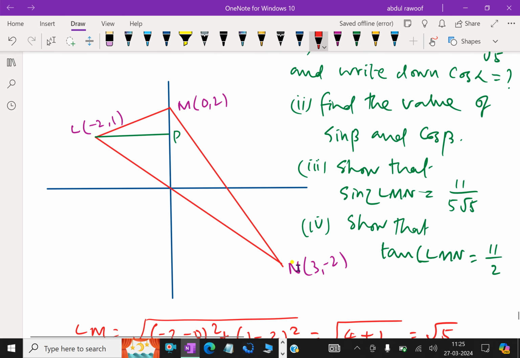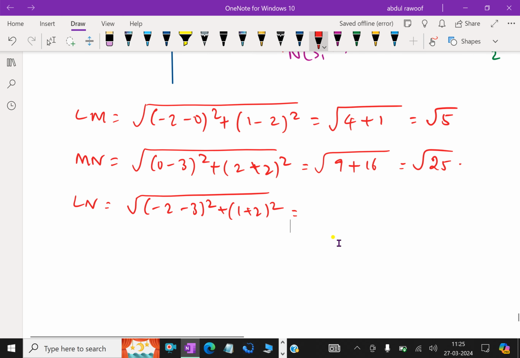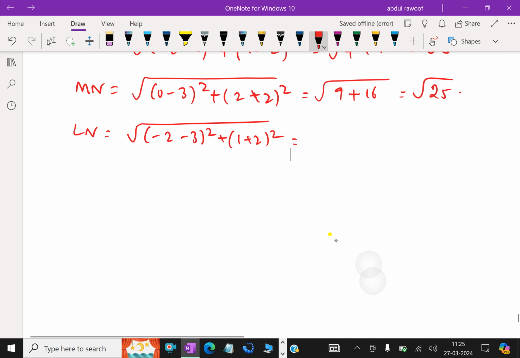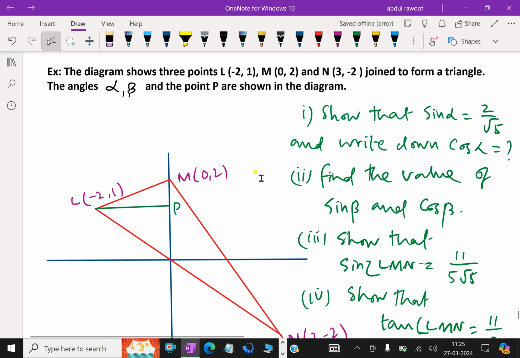Minus 2 minus 3 is minus 5, whole square is 25. 1 plus 2 is 3, 3 square is 9, so the square root of 34. We got the 3 sides. Now let us find the answer.